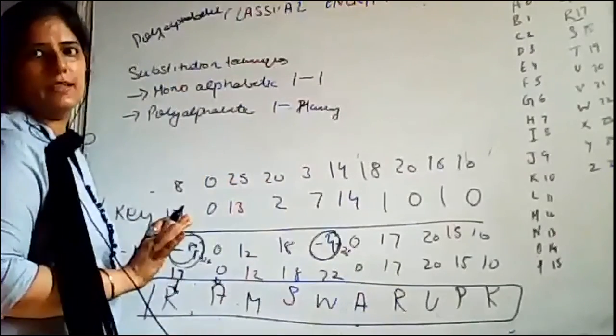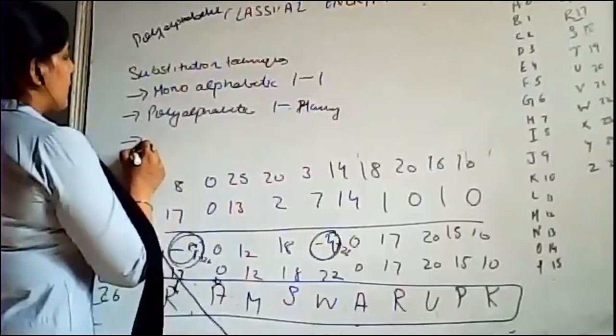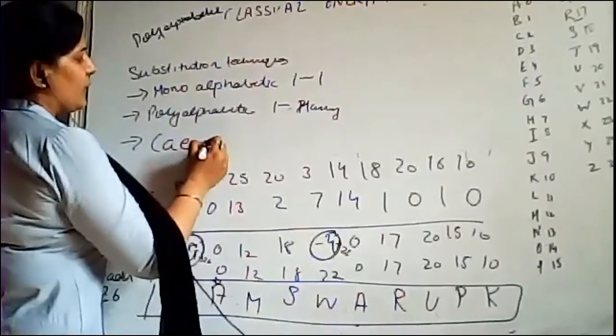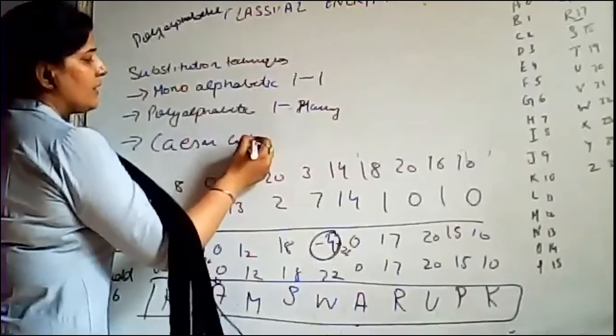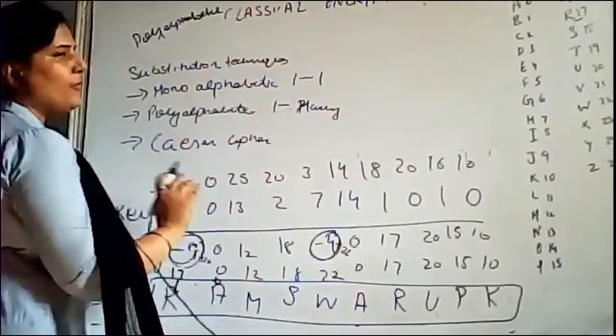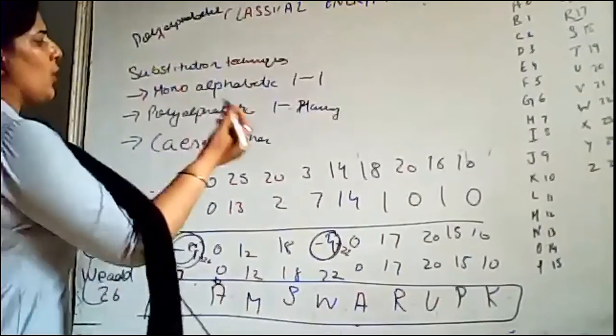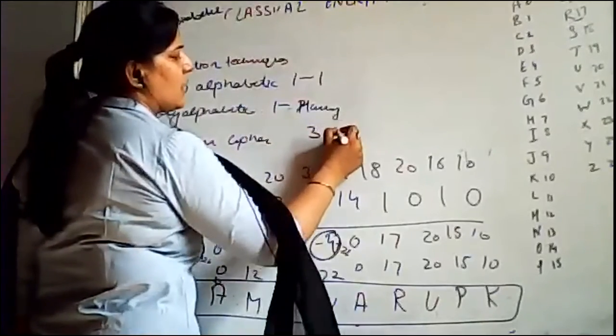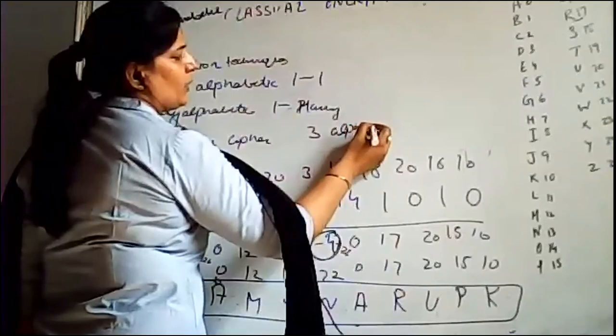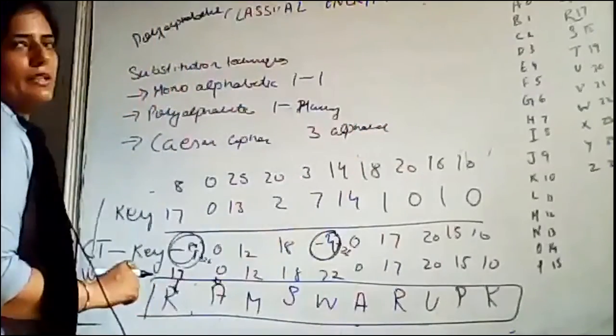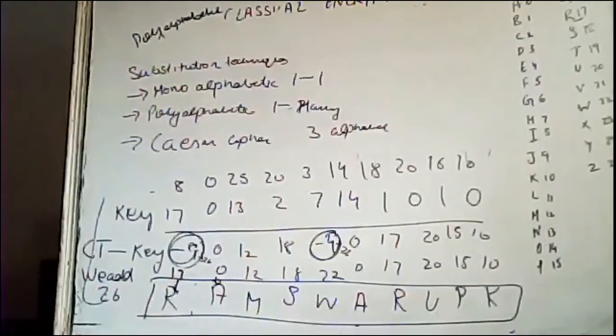Next one is the Caesar cipher that we have done. I'm just giving you a brief view of what we have done in today's class. In the Caesar cipher, we always go for the third alphabet from the given letter. If you remember, for A we can have D over here.